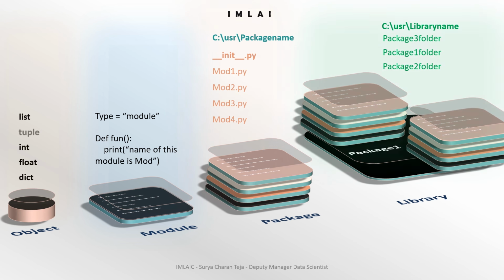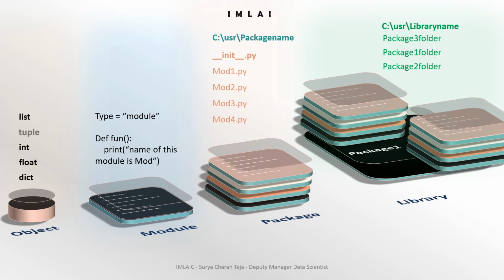That single page is your module. It is analogous to your module. And when you put all pages together and package it into one book, then it is equivalent to your package. A book is equivalent to your package.